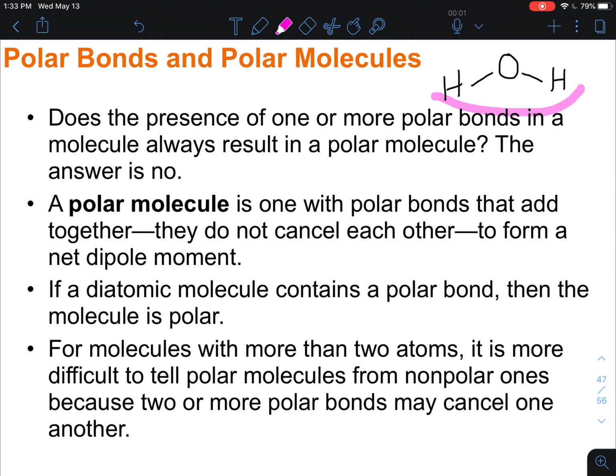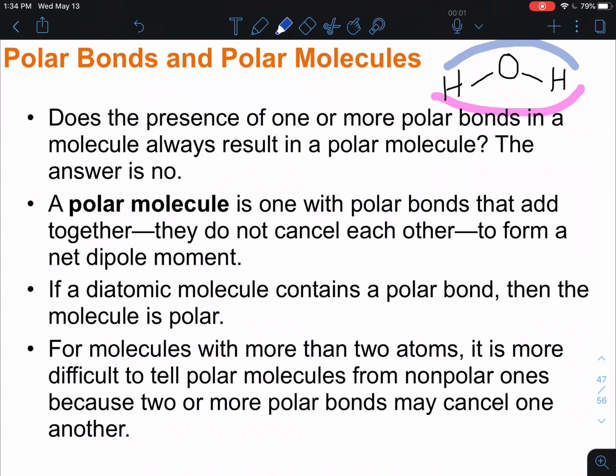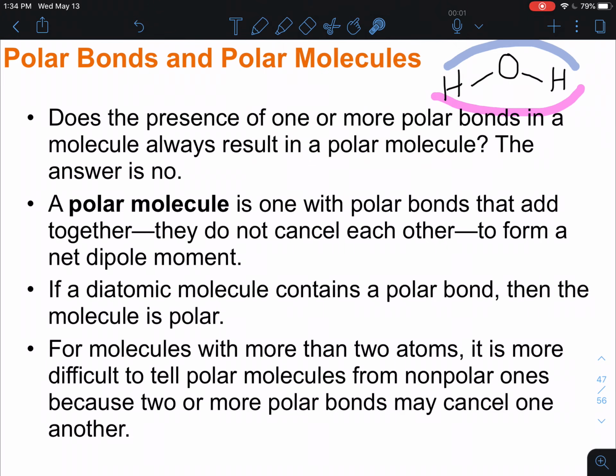This side is more electropositive. This side is more electronegative. And the molecule as a whole has a net dipole moment. So a polar molecule, like polar bonds, has a net dipole moment, a collective amount of dipoles that don't cancel each other out.